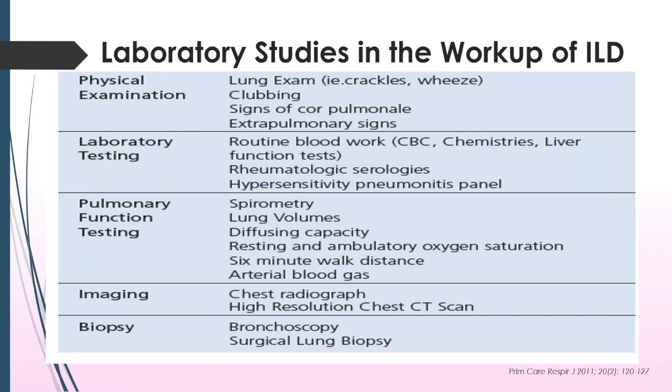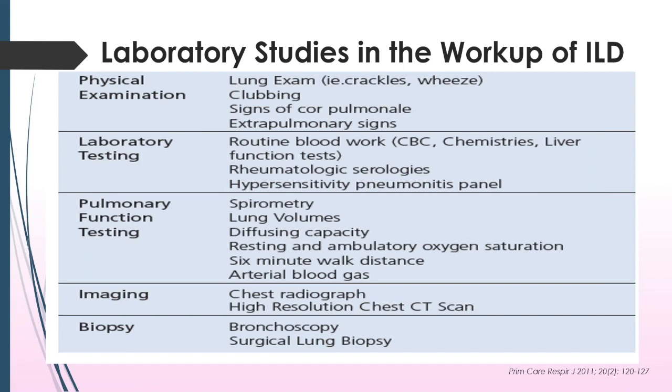These patients, when they are suspected to have an ILD on the basis of history and examination, are put through a series of tests in a specific algorithm to reach the diagnosis, because establishing the diagnosis, as I mentioned earlier, is extremely important, whether it is IPF or non-IPF, and then among non-IPF, which particular ILD is there. So there are a series of tests which are available.